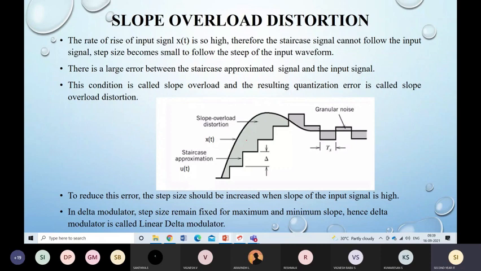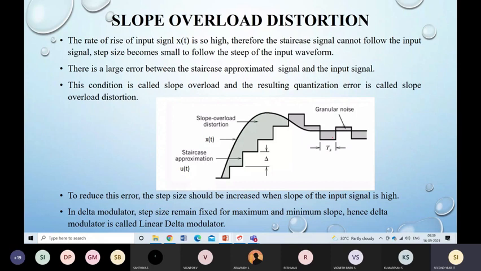The next one is granular noise. Here the input is nearly constant, but you have some fixed step size. If you find the difference between the input and the quantized output here also, there will be some error.